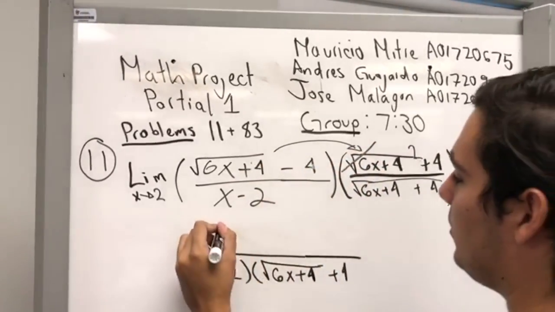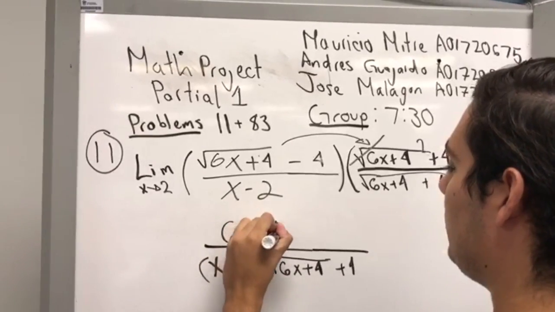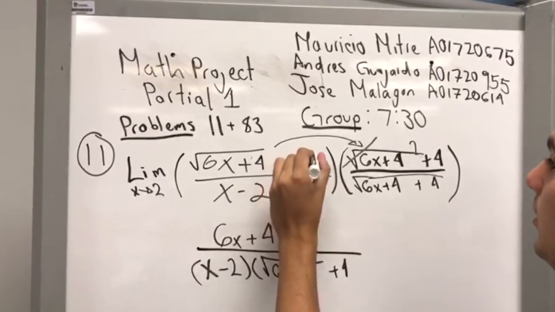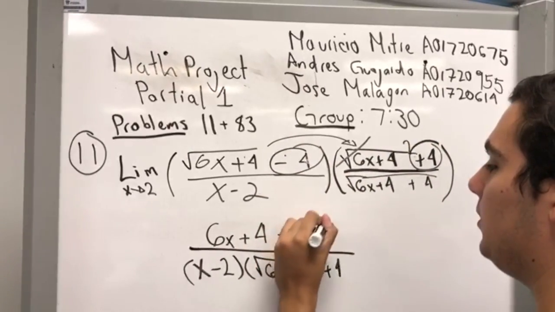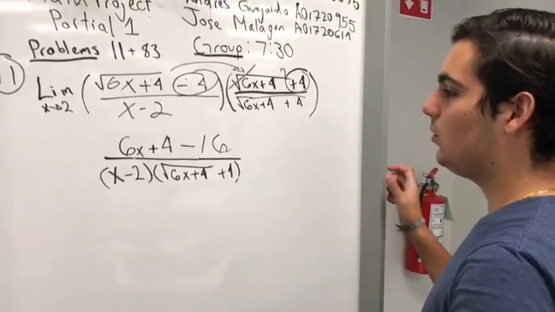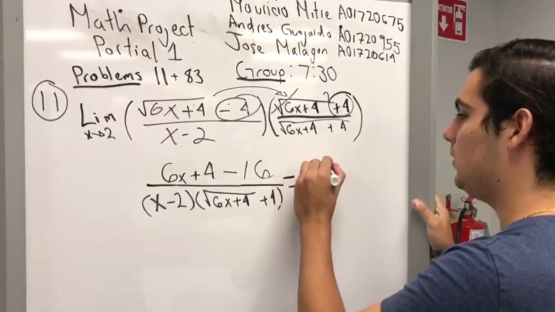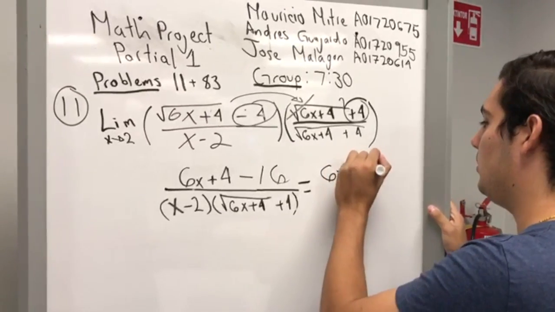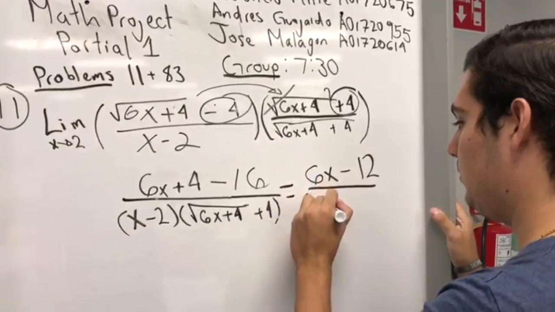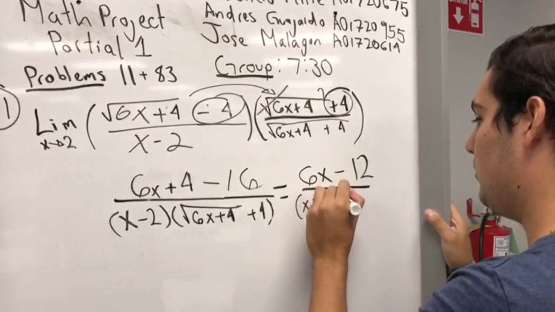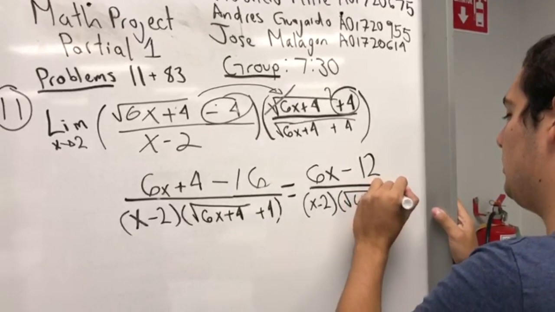We cross out and we're left with 6x plus 4, and the minus 4 multiplied by plus 4 gives minus 16. So now we simplify, which equals 6x minus 12 over x minus 2 times the square root of 6x plus 4 plus 4.